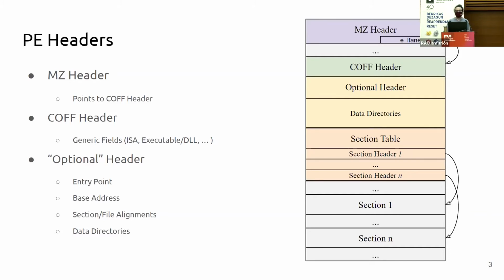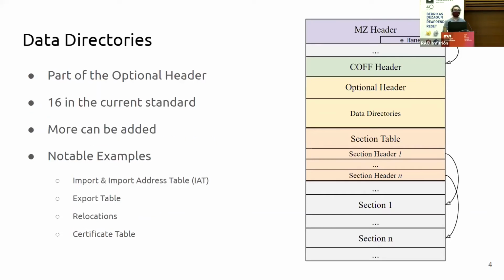After the COFF header, we find the optional header, whose name may actually be misleading because one may think that it's not mandatory, but it actually is, especially if we consider that it contains very vital information that the operating system needs in order to load the program in memory correctly, such as the entry point, which is the address of the first instruction of the program, the base address at which the program expects to be loaded, and other information, and most importantly, the data directories, which are the mechanism by which the PE file format can be extended in the future.